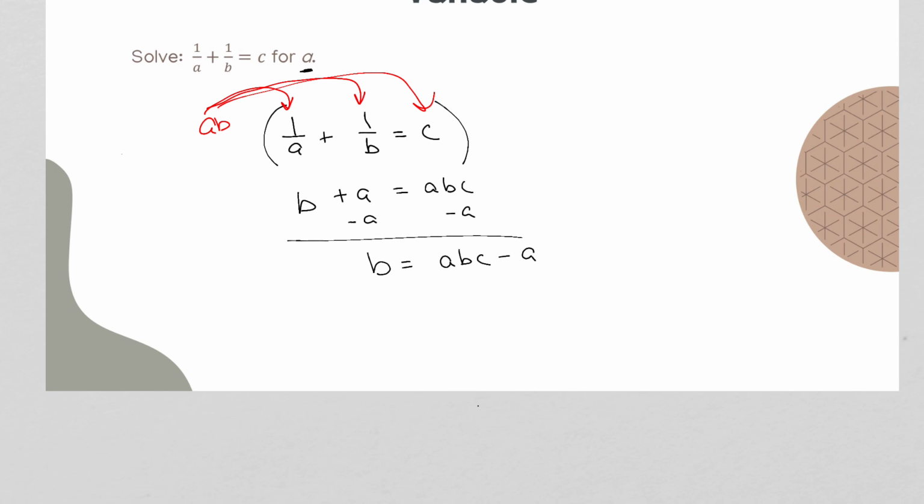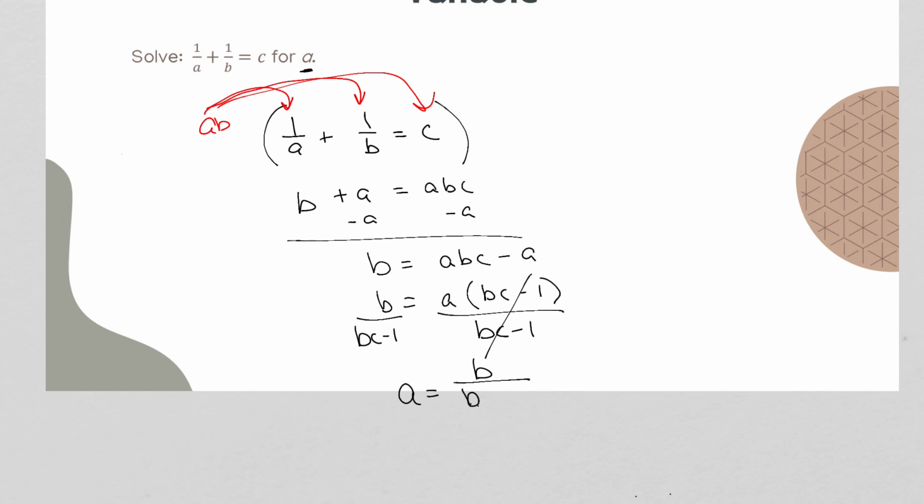Now, factor out your a. And whenever I factor out my a, I'm left with bc minus 1. Now, to get the a by itself, I would divide by bc minus 1. So that cancels that. So I'm left with a is equal to b over bc minus 1. There we go. We have just solved for a.